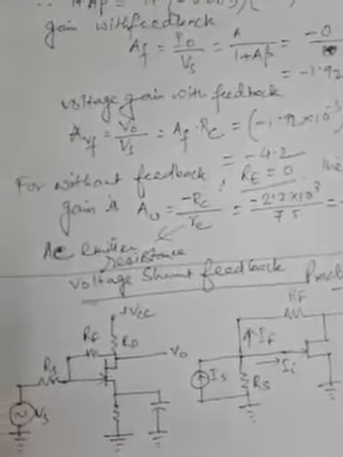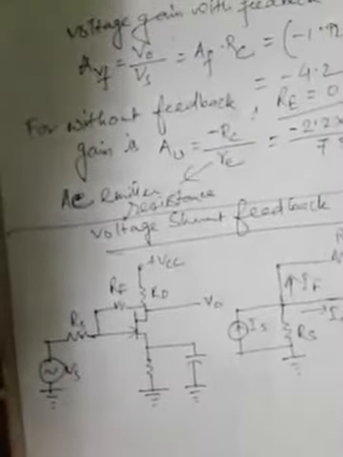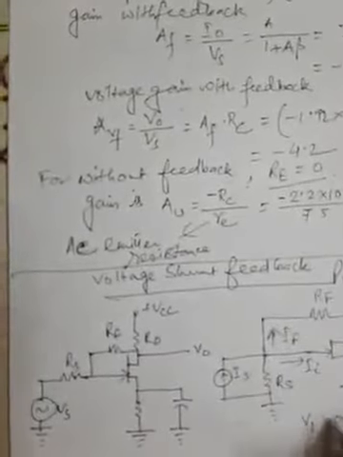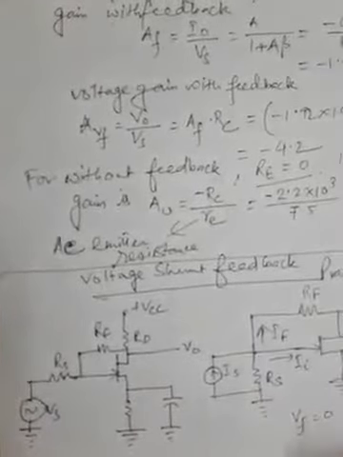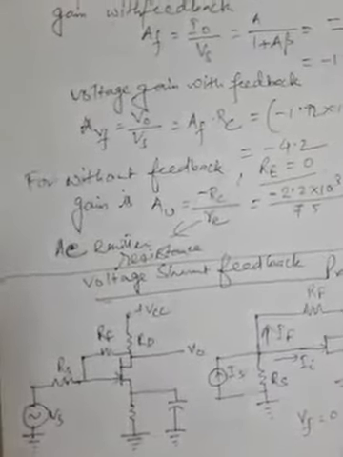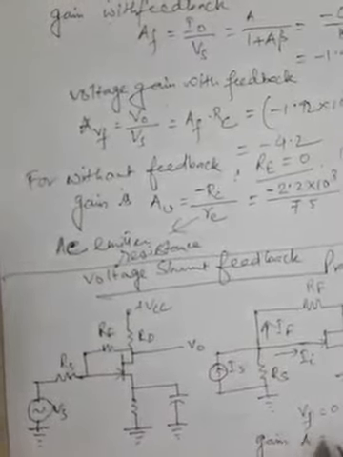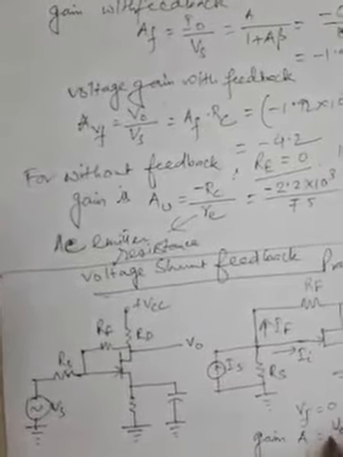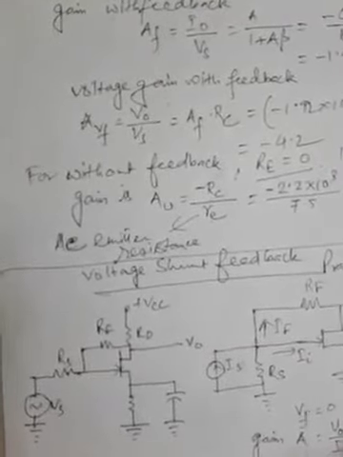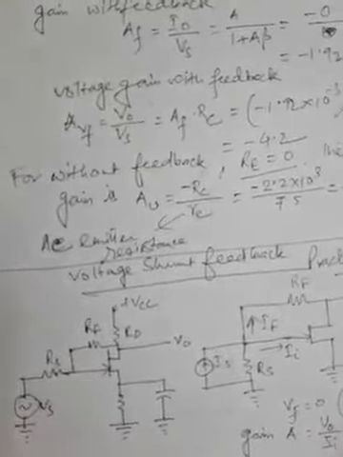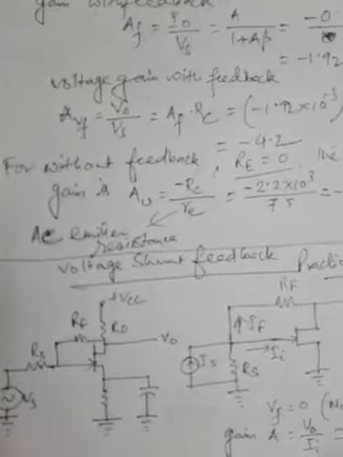Let us now move on to find the different parameters with respect to this circuit. Now when no feedback is applied, that is Vf equal to 0, the gain A should be given by VO by II in this case, and that is equal to minus gm RD RS.